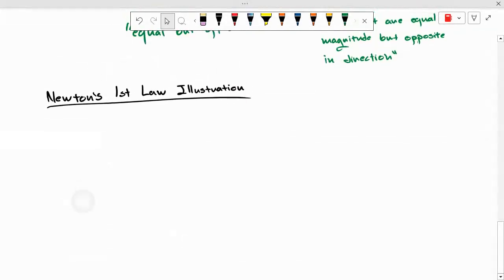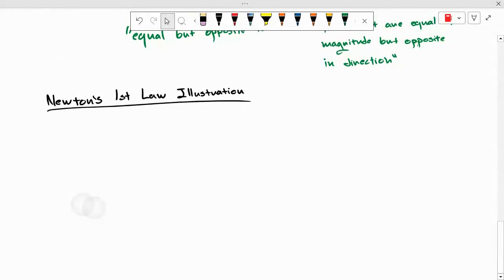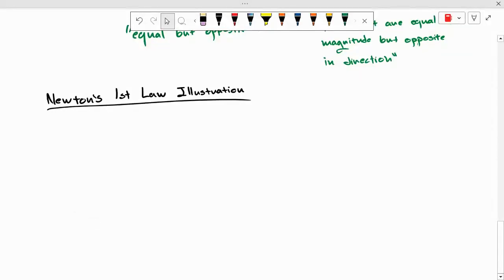Remember, it says that objects that are traveling with a certain velocity v, both magnitude and direction, will continue to travel with that velocity v. Again, both magnitude and direction, unless acted on by a net external force.